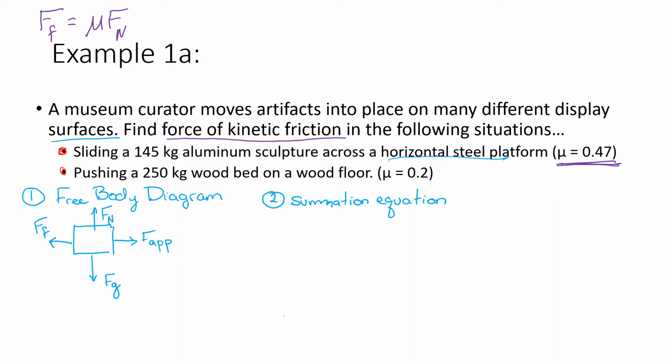I want to ask you, do we need both summation equations for this? We do need 2, and we need to keep them separate, but do we need both to solve this question? Are you sure? Take a step back, what are we trying to find?